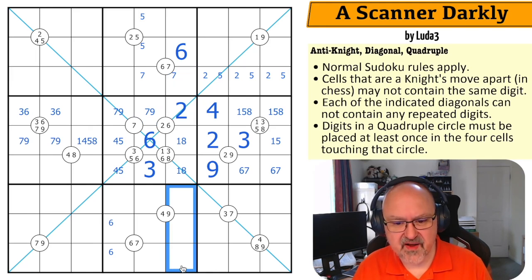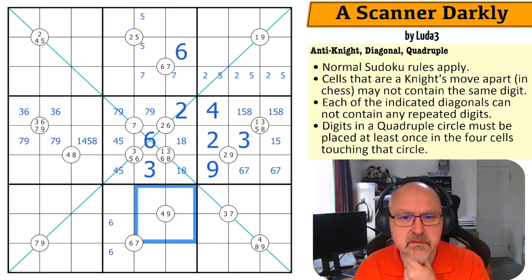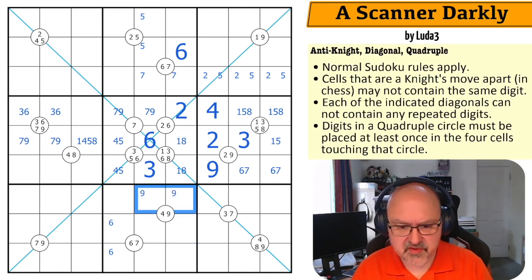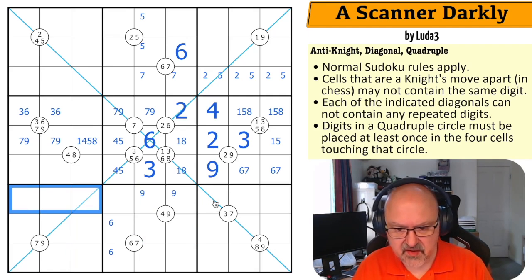I can see 5 is down here. 4 around this. 9 is in one of those two. I keep missing these quad things. 9 can't be here, 9 can't be here.